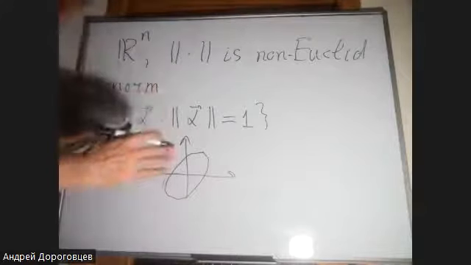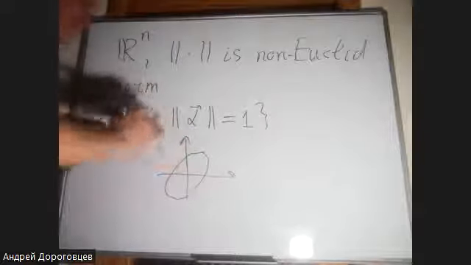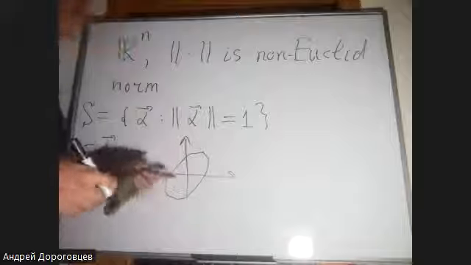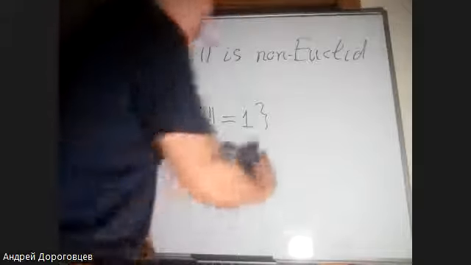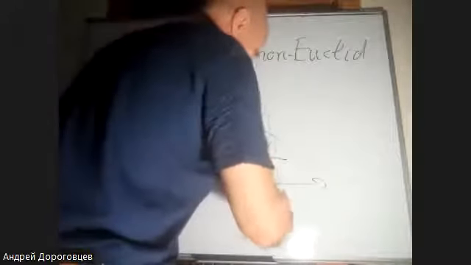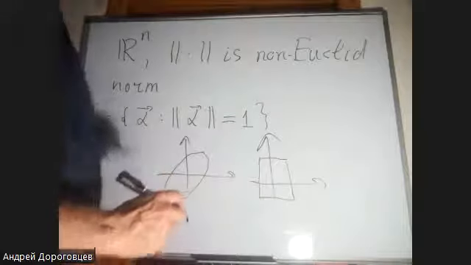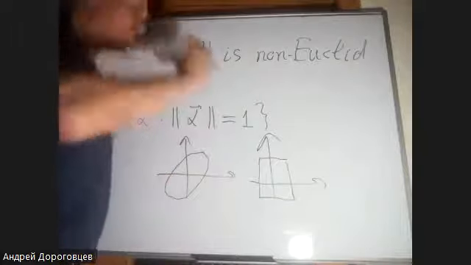So Banach norms in Rn are identified with such pictures. By the way, this also defines a norm. Maybe you remember the norm of the maximum of the absolute value.